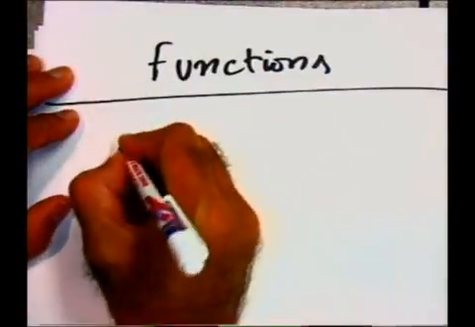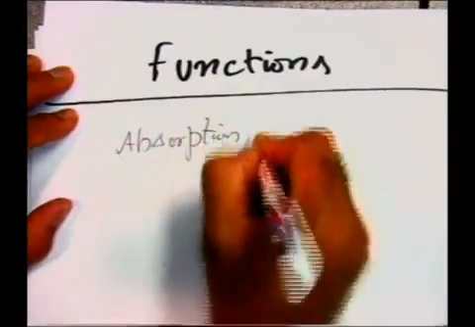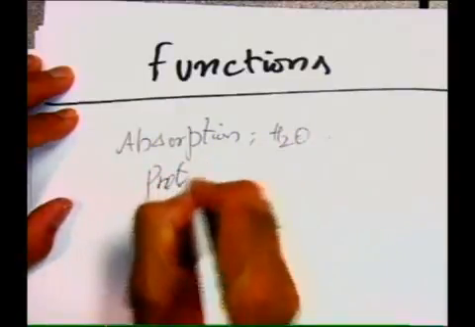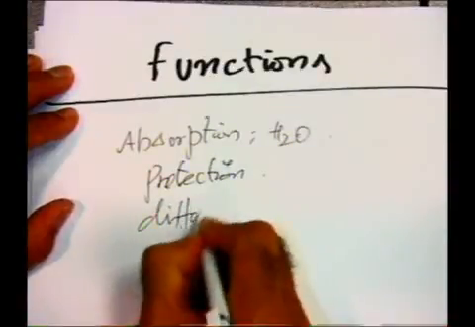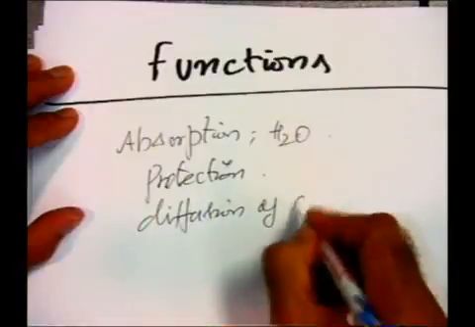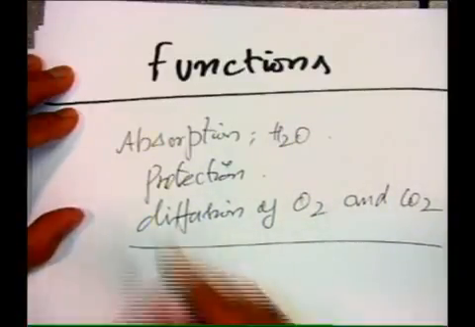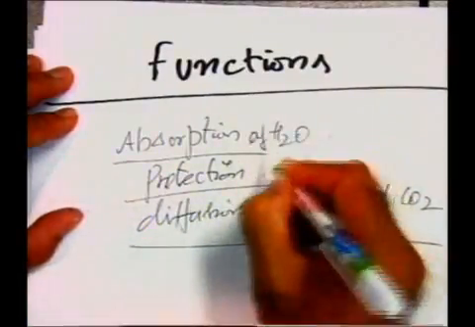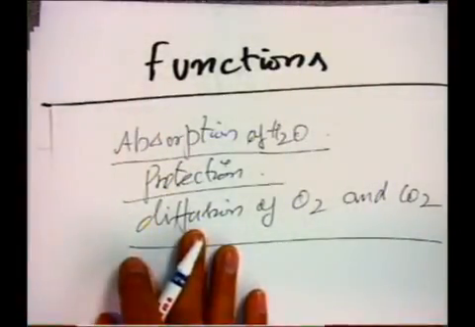The main functions are absorption of water, okay, protection, diffusion, okay, of what? Diffusion of oxygen and carbon dioxide, simply gas exchange, and protection and absorption of water. So these are the main functions of simple squamous epithelium.